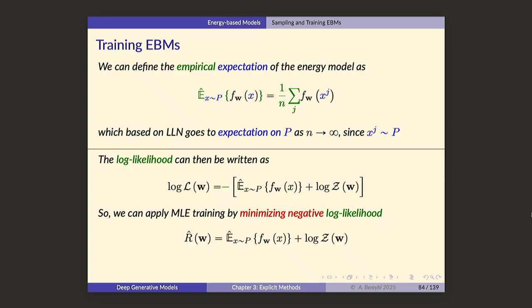But if I want to do this, can I do it on this formula? Can I backpropagate over the first term? I can. Can I backpropagate over the second term?